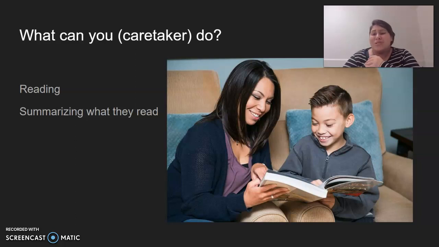We're sending your students home with reading logs that have them practicing these concepts of summarizing, finding the author's purpose, and finding the theme of the book. We're having our students do these practices in school, but also at home for a minimum of 15 minutes.